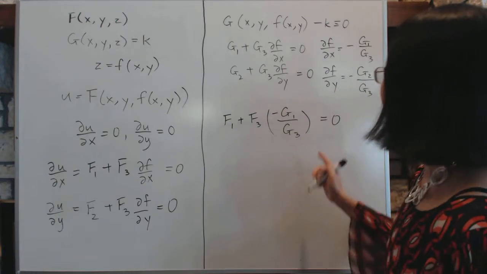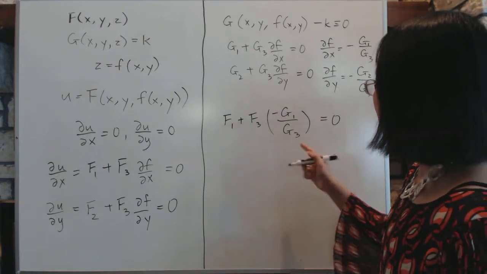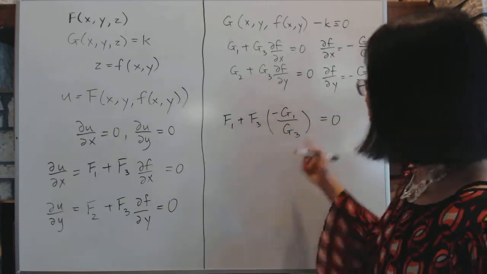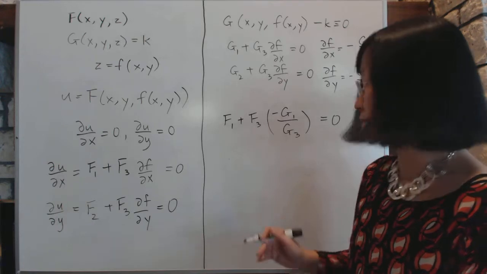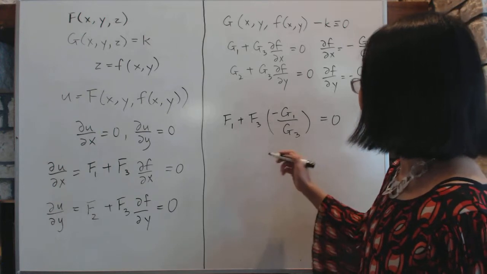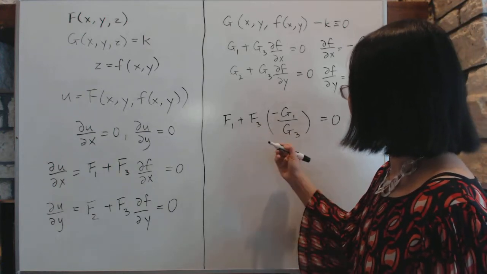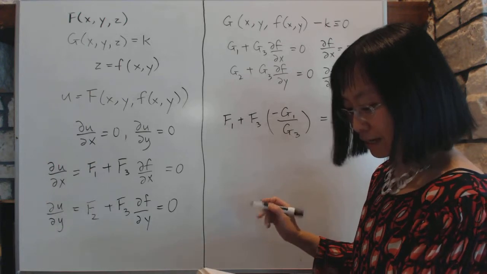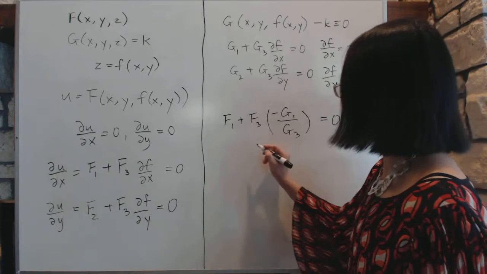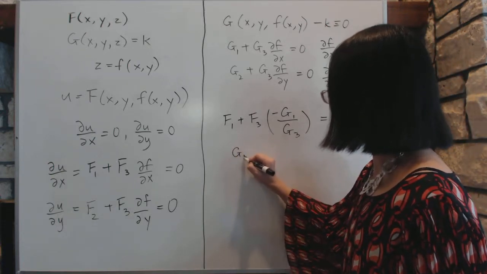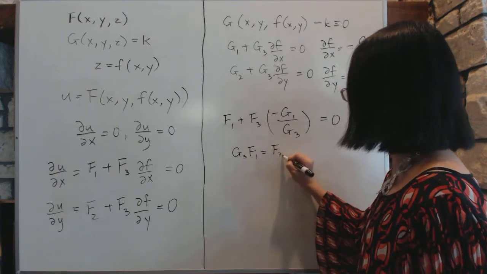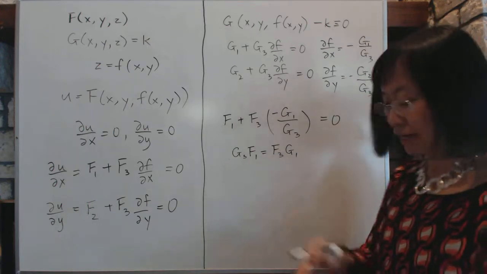So what does that give us? Under proper conditions, for example, g3 cannot be 0, otherwise this doesn't make any sense. Assuming all the proper conditions are satisfied, what we get is g3 f1 equal to f3 g1.